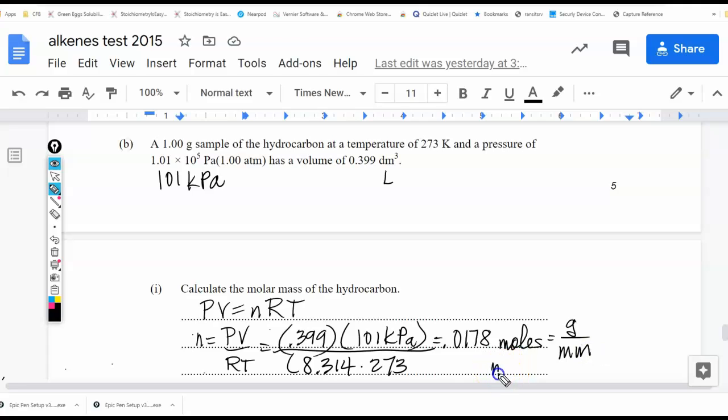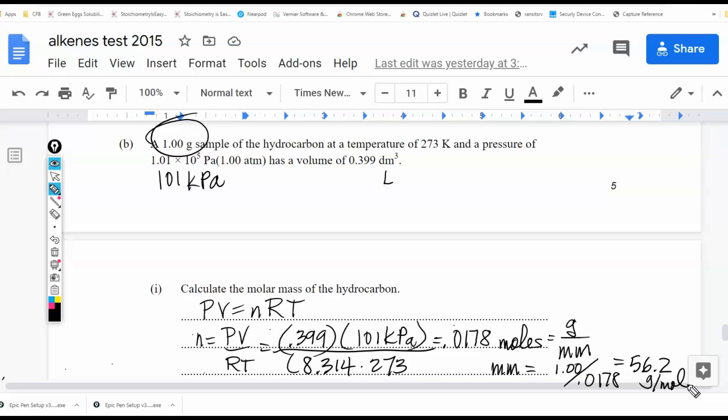So molar mass is going to be equal to grams, which was given as 1.00 gram, divided by the number of moles, 0.0178. So 1 divided by 0.0178 is going to give me 56.2 as my molar mass, grams per mole.